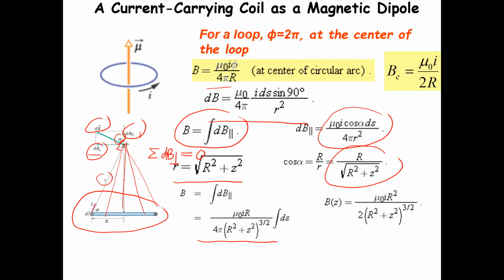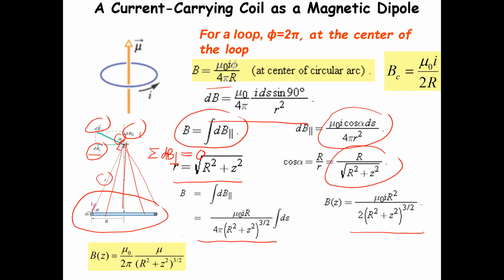So the Bz, or B in the y-axis, the total magnetic field due to the magnetic dipole, is mu 0 I R squared per 2 times (R squared plus z squared) to the power 3/2.